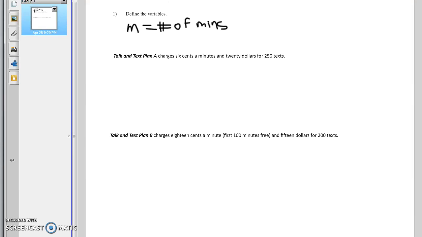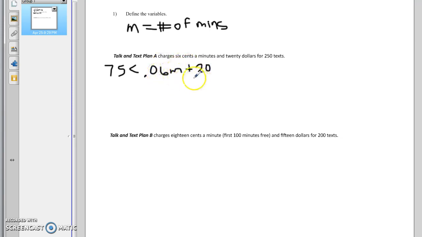If we didn't have a cost in there, we would also have to set up a variable representing my cost, but we know it should be less than $75. And this is going to be 0.06 per minute. Again, yours is a little bit different. I'm paying 6 cents per minute, and I'm also paying $20 for the text plan.